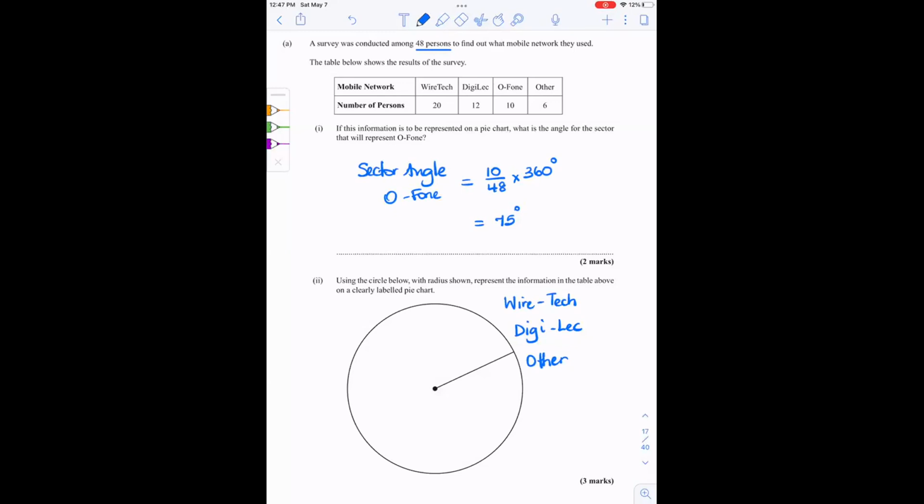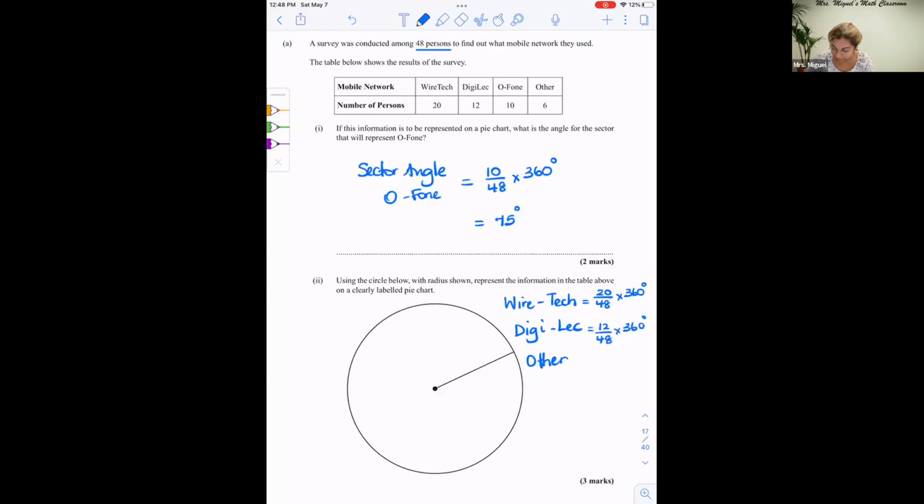All right, Wiretech now, 20 over 48 by 360. Digilec, 12 over 48 by 360. Other, 6 over 48 by 360. For Wiretech, we are looking at 150 degrees. For Digilec, we are looking at 90 degrees.